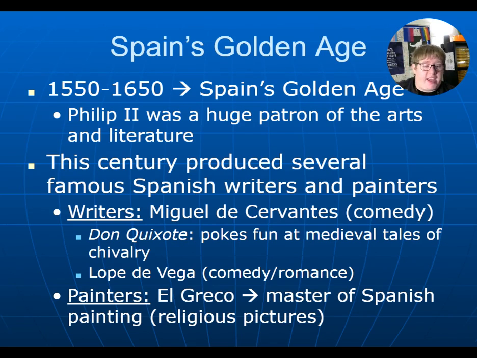You also have Lope de Vega, who also wrote comedy and romance. And you also have painters like El Greco, who is a master of Spanish painting and religious pictures. Really, like I said, this is the golden age of Spanish culture. This is really where we see a lot of their most famous art and literature being created.